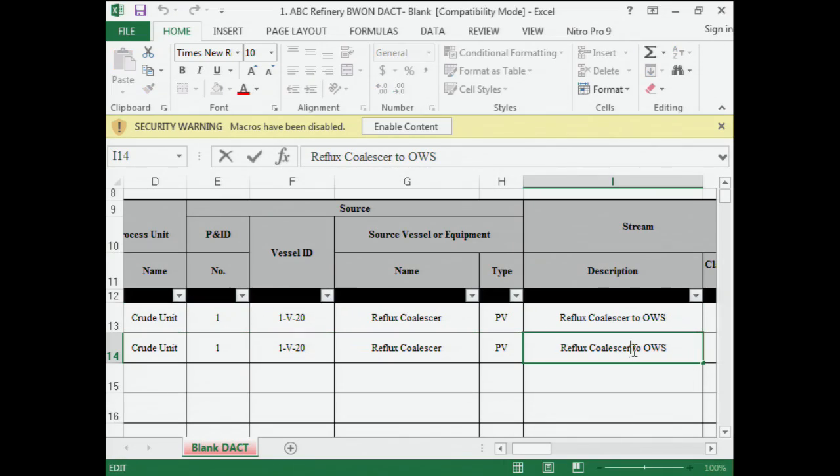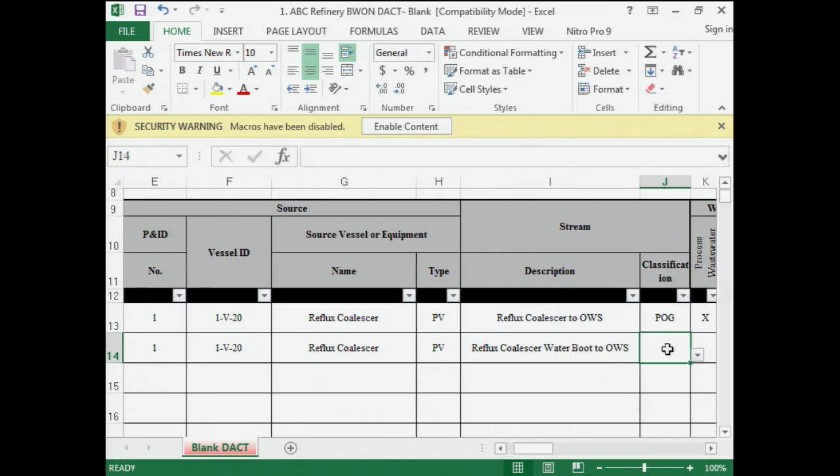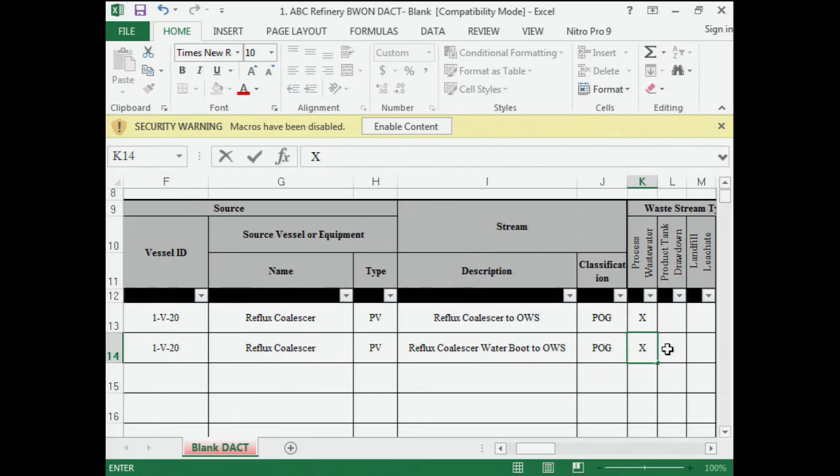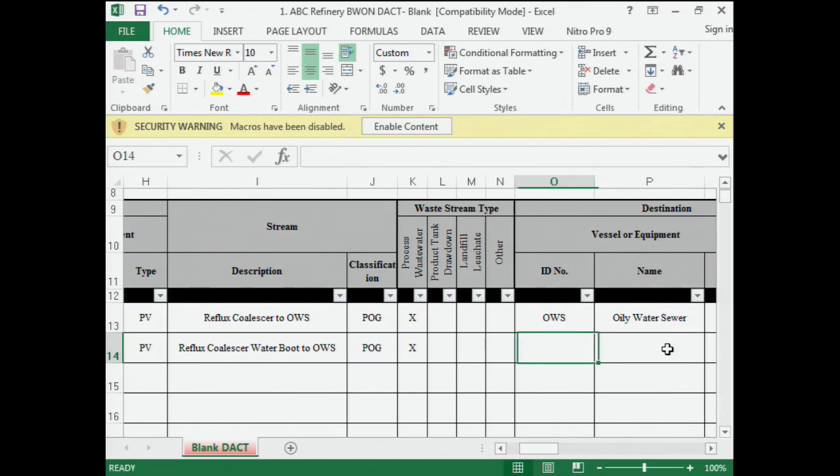But to be able to decipher what I'm talking about for description, I'm going to put reflux coalescer water boot to oily water sewer. That is also a POG. That is also a processed wastewater, and it's going to the same place.